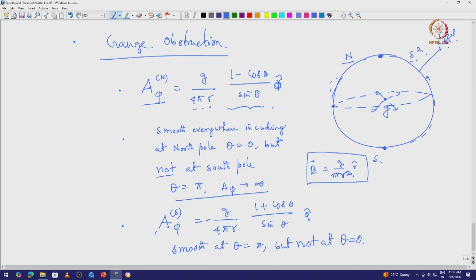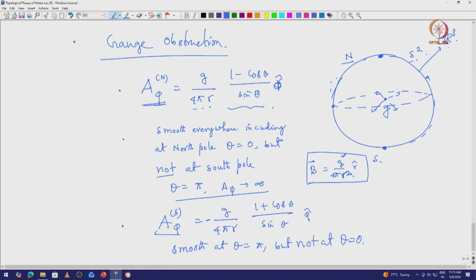And for two different charts, we will have two different gauge fields, vector potentials or connections, that will give you the right topological invariant, which in this case is just the monopole charge, but you cannot have a single one.